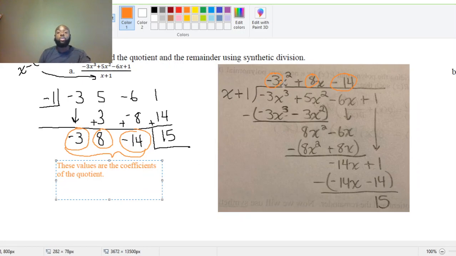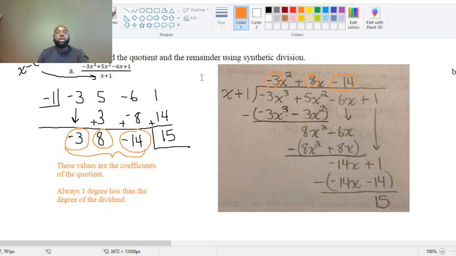When you write your quotient, right, notice my numerator, my dividend was a 3rd degree polynomial, or 3 as the exponent. Your quotient is always going to be 1 degree less because you divide it by this x to the first power. So it's just going to reduce your exponent in your quotient by 1 unit, right? So this is always 1 degree less than the degree of the dividend. All right?